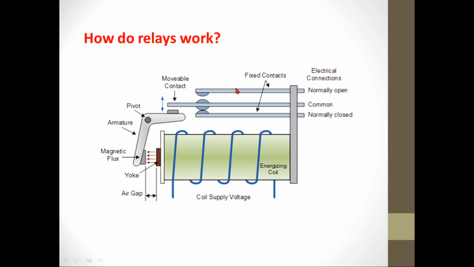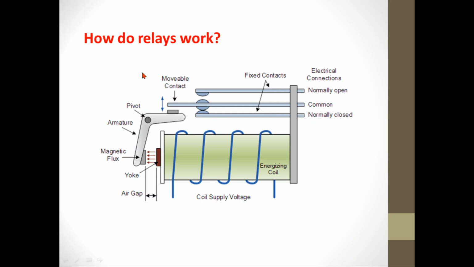Why is it normally open? Because we do not have a connection from common to the normally open terminal, so this is open. If you look from common to normally closed, it is termed normally closed because we have a connection. Try to follow the cursor. It is connected from common to the normally closed, hence it is called normally closed.